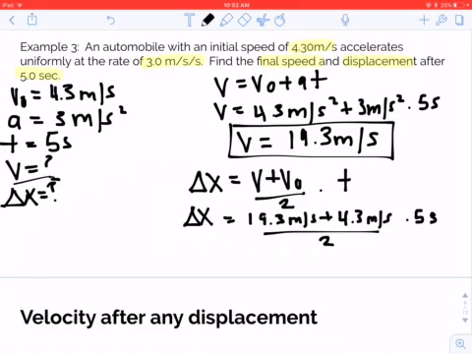Divide that by 2. You'll get 11.8 meters per second. 11.8 meters per second times 5. I get 59. So delta x is 59. Okay, so units, I had meters per second times seconds. The seconds cancel out. I'm left with just meters.